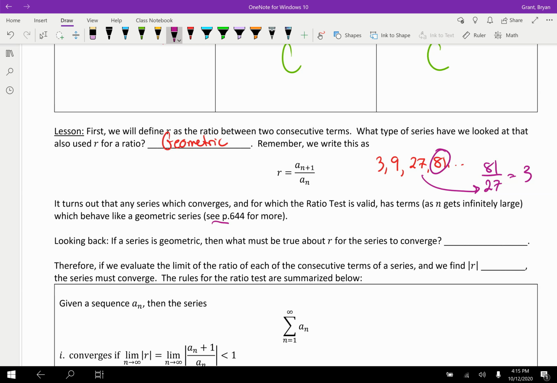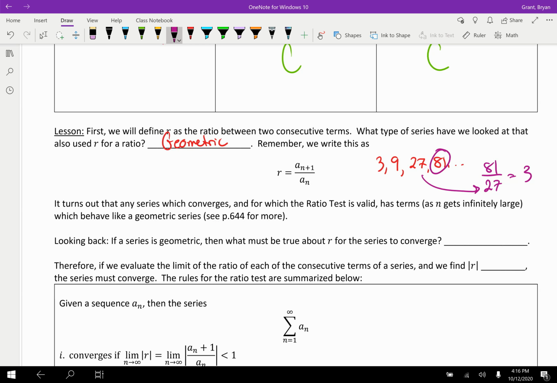And if you want a cool proof of that, page 644 in your book tells a little bit more. So why is that useful? Well, if eventually this infinite series has a common ratio, then we should be able to examine that common ratio and see, oh wait, is this going to cause our series to converge or diverge?